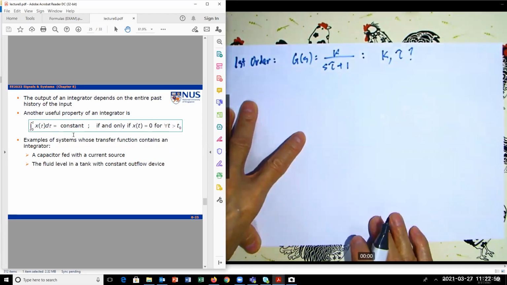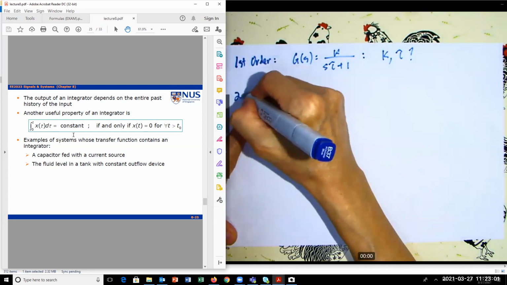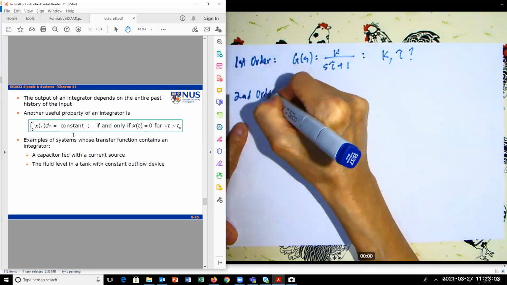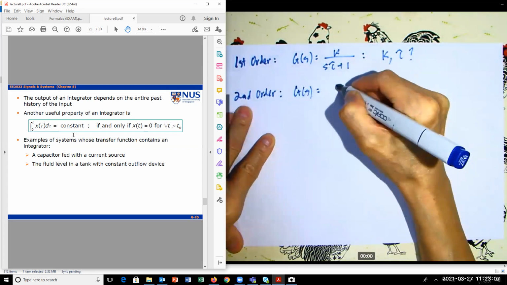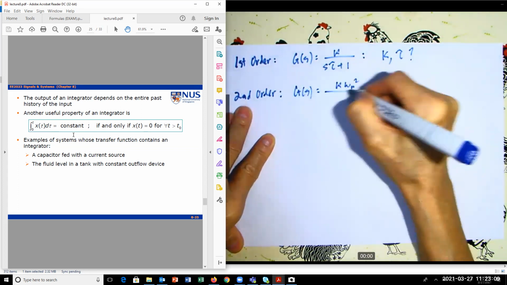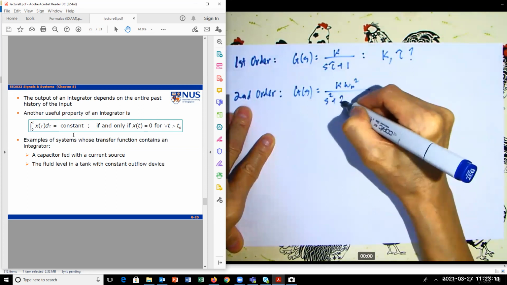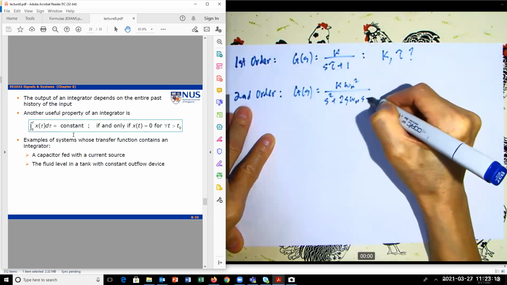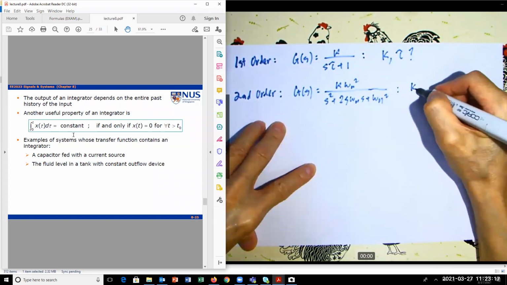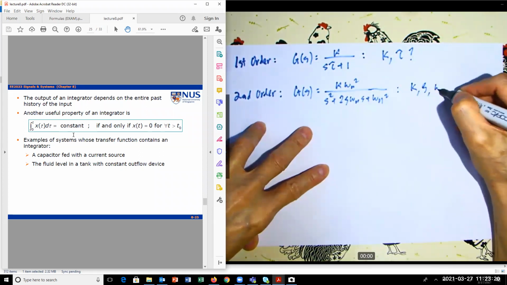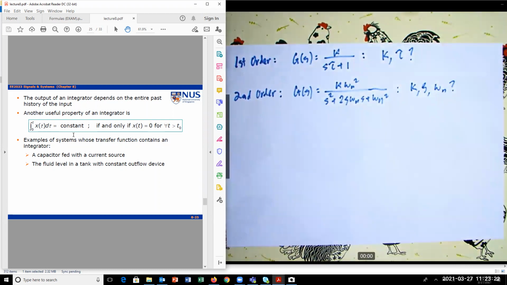In the second order, we are told that G(s) is K omega n squared over s squared plus 2 zeta omega n s plus omega n squared. So what are the unknowns? K, zeta, and omega n. These are the unknowns. We've got to find what these are. This is what we need to find out.